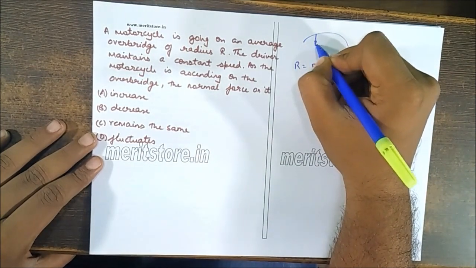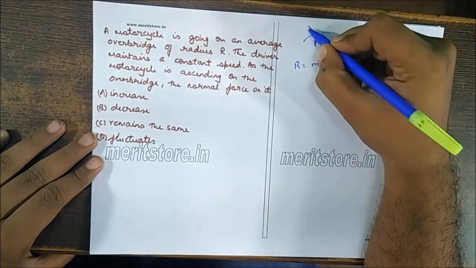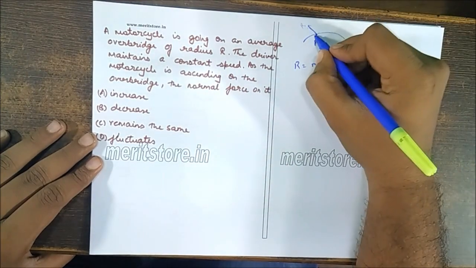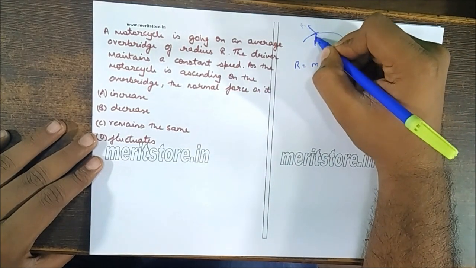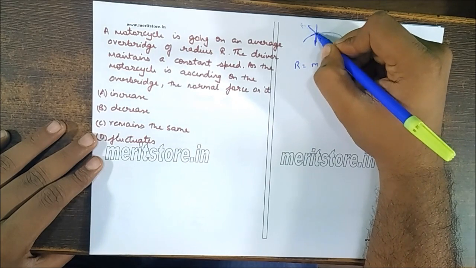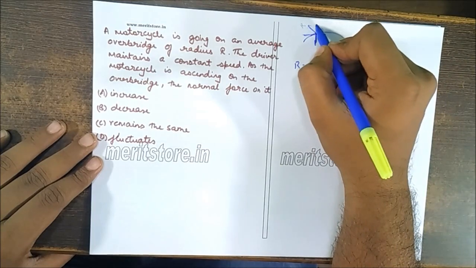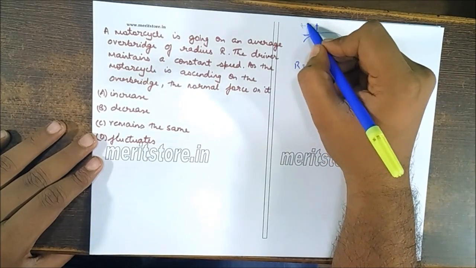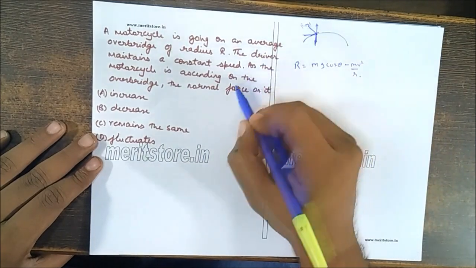My weight will always be acting vertically downward, and this is my normal reaction on the vehicle. So therefore, if this is vertically downward, this can be resolved like this. So my normal component is actually balanced by mg cos theta minus the centripetal force.